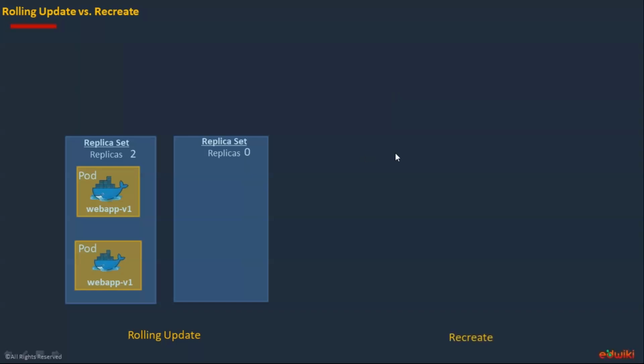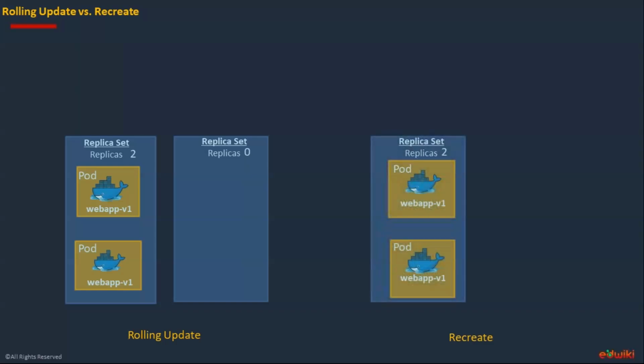Now, Kubernetes has another update strategy, which is called the recreate strategy. What is this recreate strategy? Let's say that currently the V1 version is running well. You make one change, adding some configuration change in your deployment file.